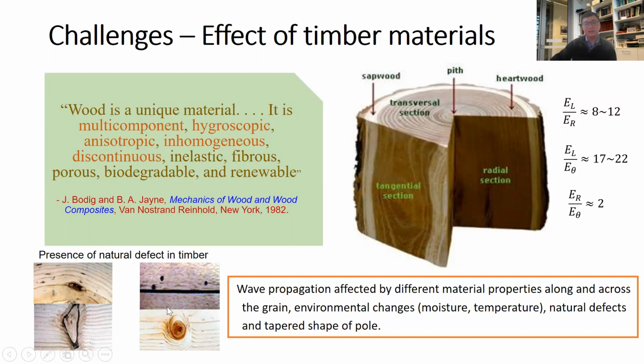If you look at wave propagation, which is one of the major principles for most condition assessment methods, the wave propagation inside the timber pole will be affected by different material properties along the fiber and cross fiber directions. The environmental impact is also serious, because this material itself is hygroscopic.